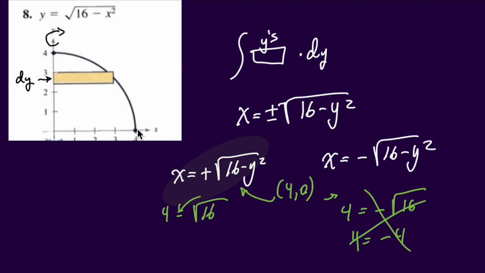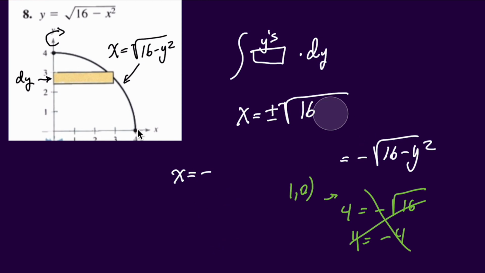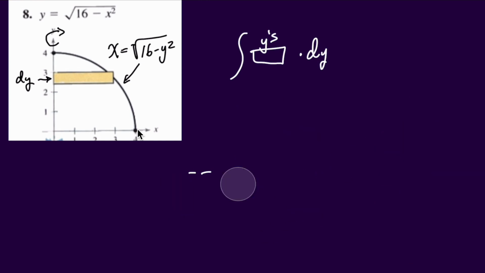So we're going to rewrite this now in terms of y, x solved in terms of y, like so, the square root of 16 minus y squared. Okay, let's get back to our integral that we're planning. The fact that we have solved for x means we're now going to look at the interval of where we're integrating from where to where.